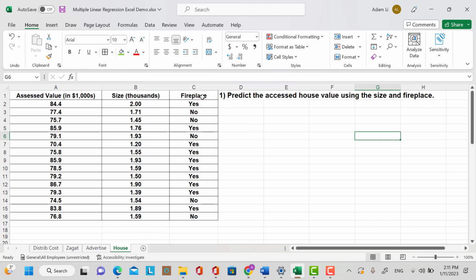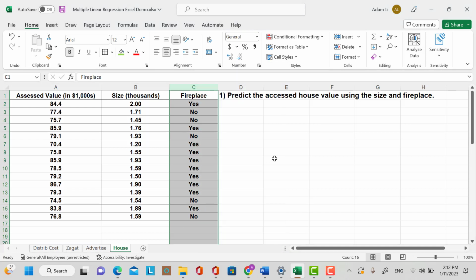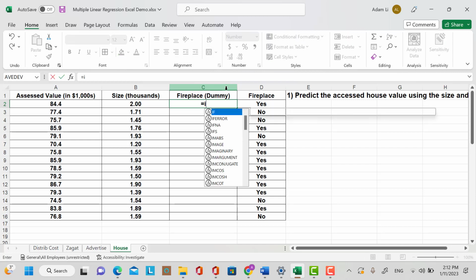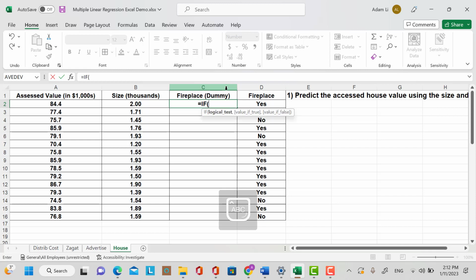But fireplace is categorical data, so this is a dummy variable and we need coding. Highlight column C, right click and insert. We code fireplace as a dummy variable: if there's a fireplace, usually the assessed value is bigger, so if E2 equals yes, put in 1. Otherwise, put 0.